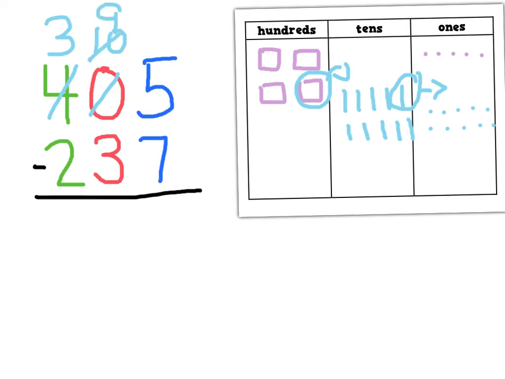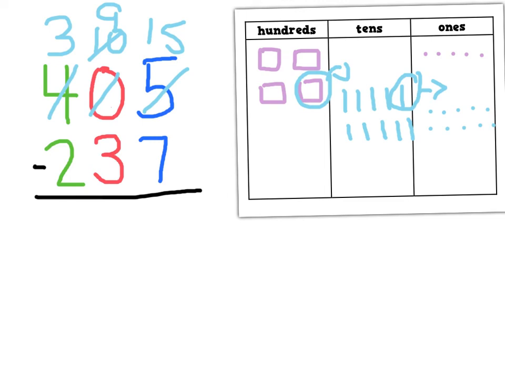9. How many ones do I have? I know this is 10. So using my counting on strategy, I have 10, 11, 12, 13, 14, 15. I need to show this. 15. Now I can go back and subtract 15 minus 7.